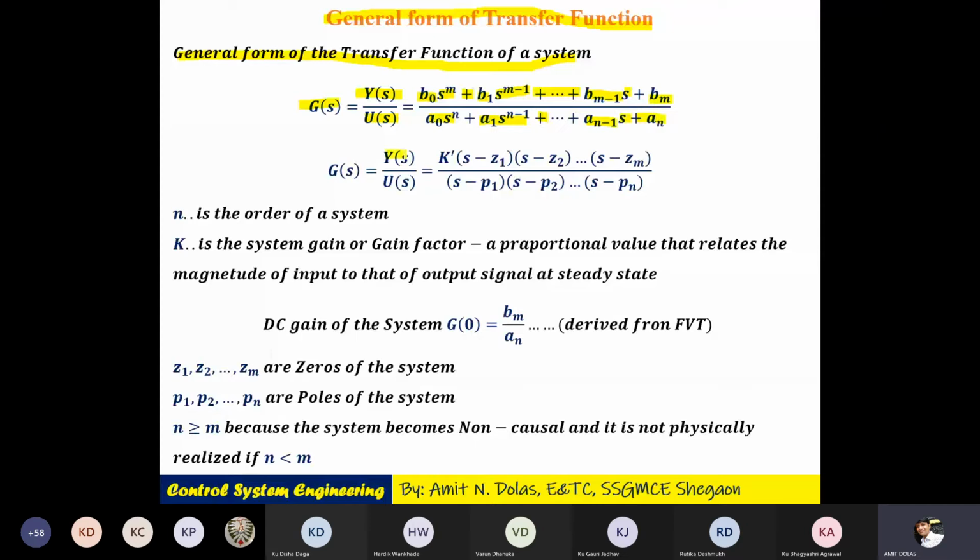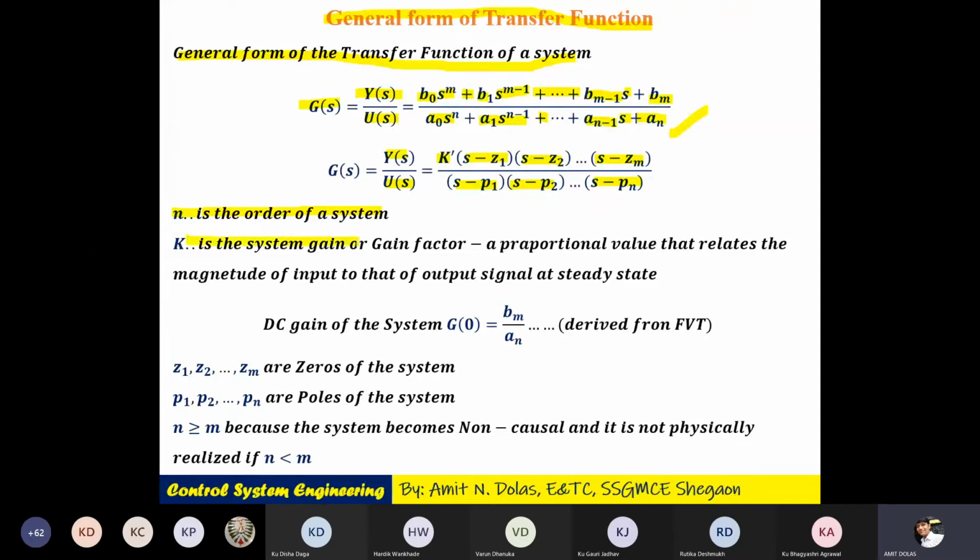This is nothing but K into (s minus z1)(s minus z2)...(s minus zm) divided by (s minus p1)(s minus p2)...(s minus pn), where n, what is this n? This n in the denominator is the order of the system.